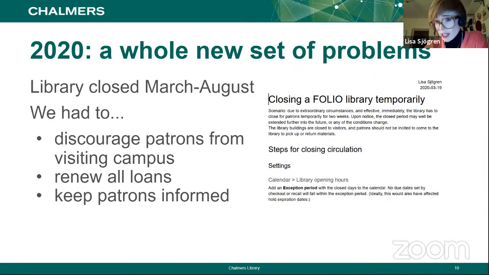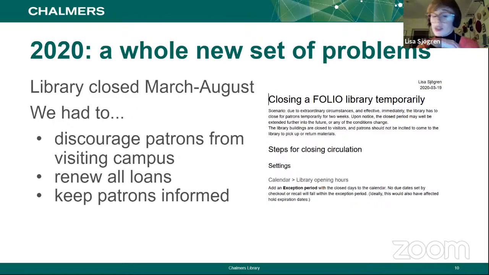And of course, we didn't want to ask people to return their books during this time, or have them come and borrow new books. So what we ended up doing was renewing our loans en masse, renewing all loans at once.